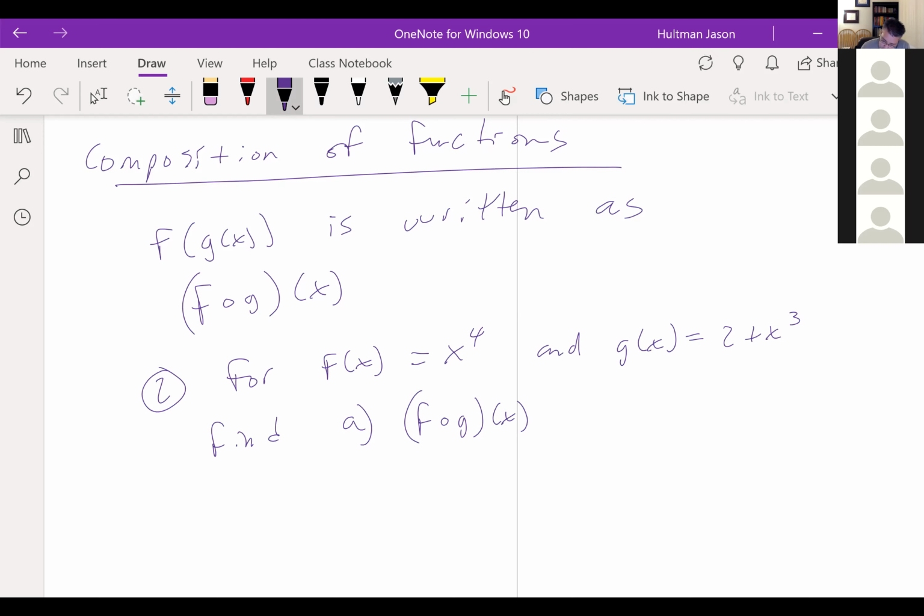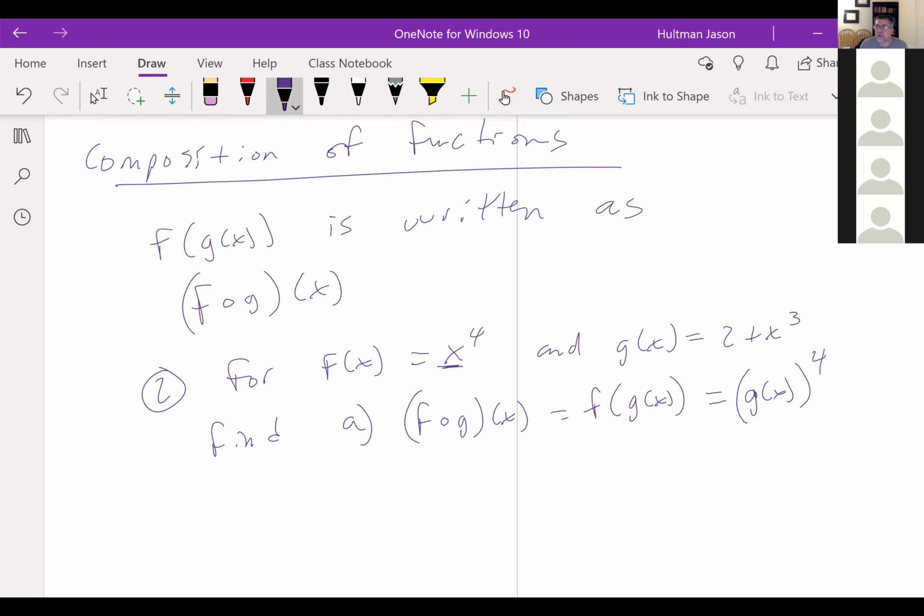Okay, so what does this mean? This means that we want to do f of g of x, which means that every time I see an x in f of x, I want to put in g of x. So what does that mean, f of g of x? That means that this is going to be equal to g of x to the 4th power, right? Does that make sense?